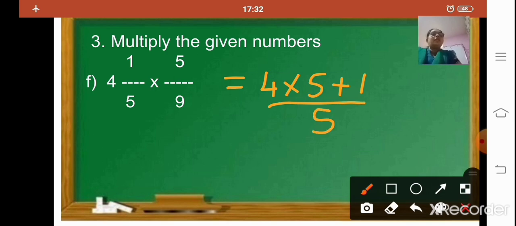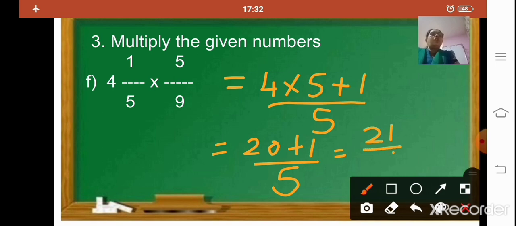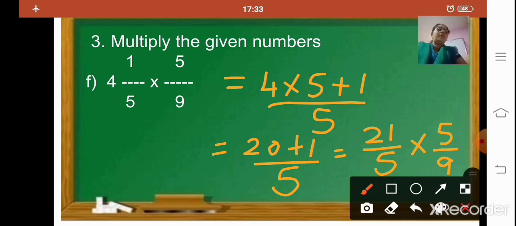So 4 5s is 20 plus 1 upon 5. So 20 plus 1 is 21 upon 5. And the second fraction is already a fraction, so no need to do anything. So we can just multiply 21 upon 5 multiplied by 5 upon 9.